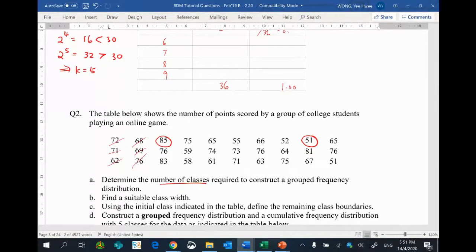So to find the suitable class width, you take 85, the biggest number, minus the smallest number, then you divide by the number of classes that you recommend, which is 5. So how much do you get? 85 minus 51. Then you divide by 5.